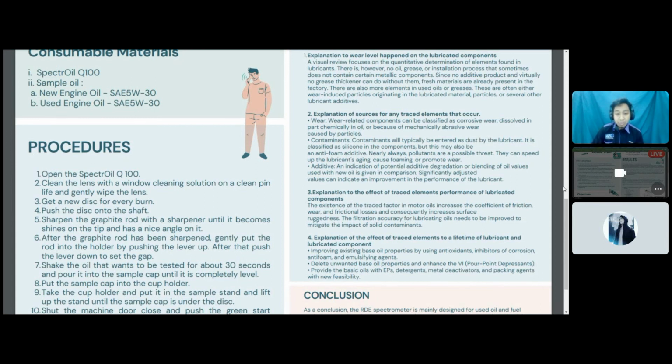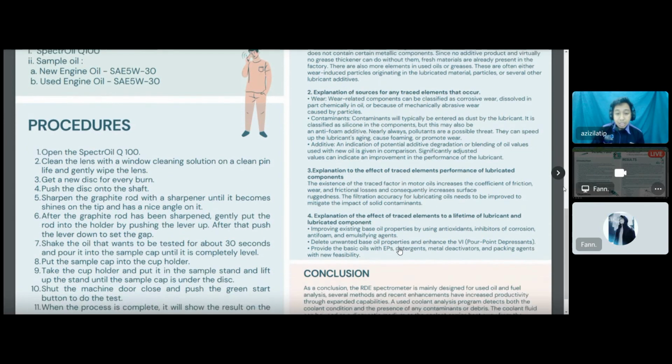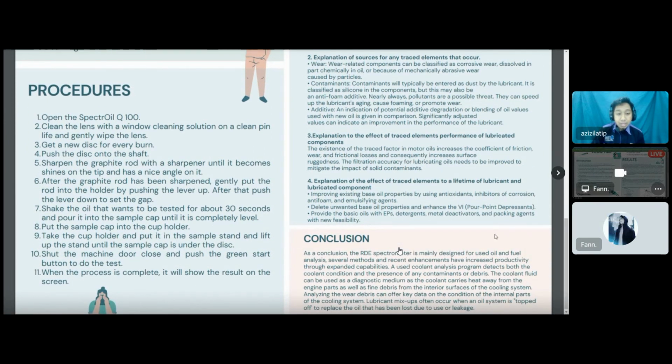Number 4 is the effect of trace elements on the lifetime of lubricant and lubricated components. The effect is we can improve the existing base oil properties by using antioxidants, corrosion inhibitors, antifoam, and emulsifying agents.